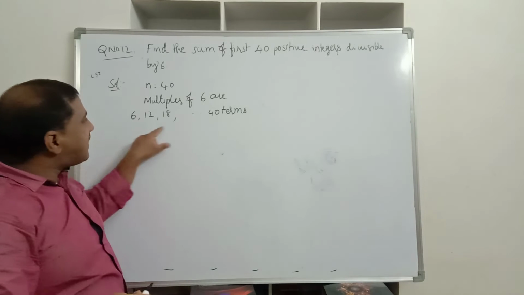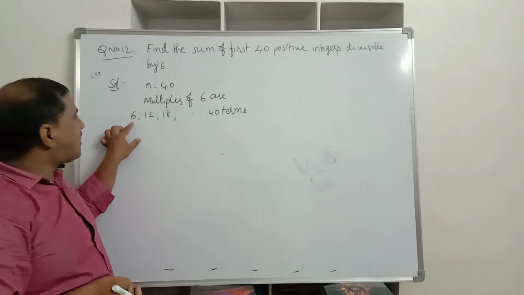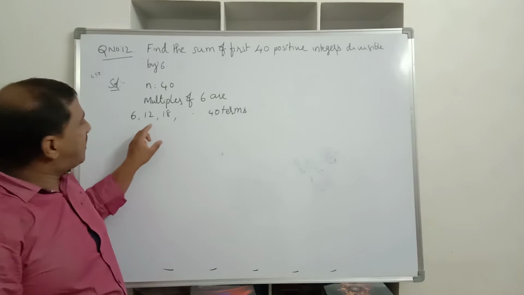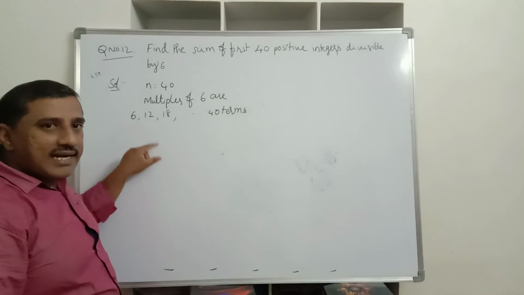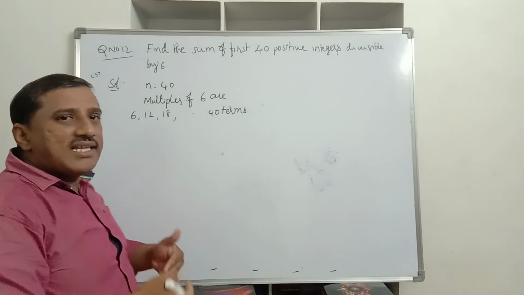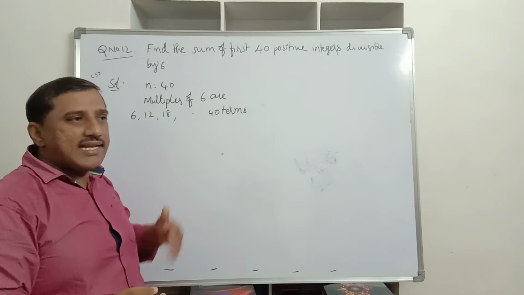Observe whether this series of numbers is in arithmetic progression or not. The first term is 6, the second term is 12, the third term is 18. Find the difference of two consecutive terms. 12 minus 6 is 6. 18 minus 12 is 6. We get a constant, that is, each succeeding multiple is obtained by adding 6, a fixed number.